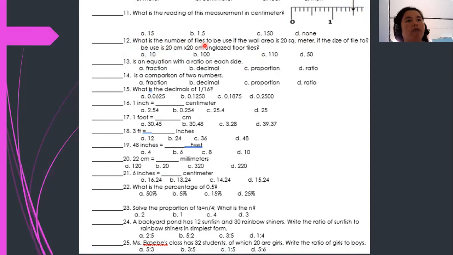What is the number of tiles to be used if the wall area is 20 square meters and the size of the tile to be used is 20 cm by 20 cm, glazed floor tiles? A, 10. B, 100. C, 110. D, 50.